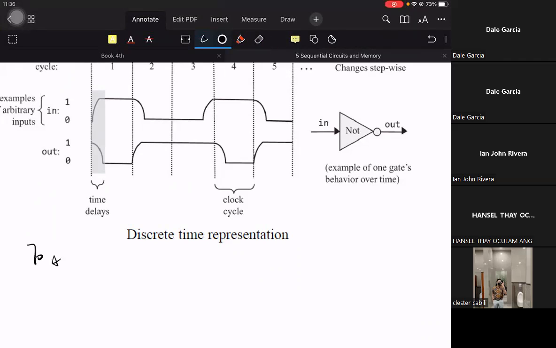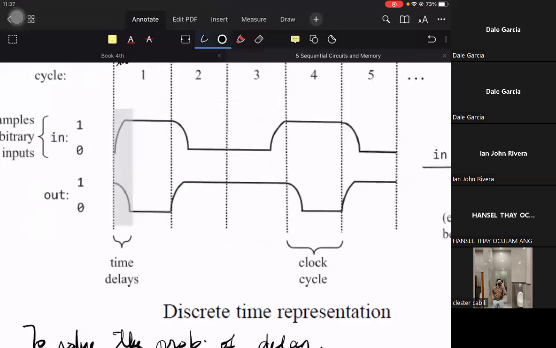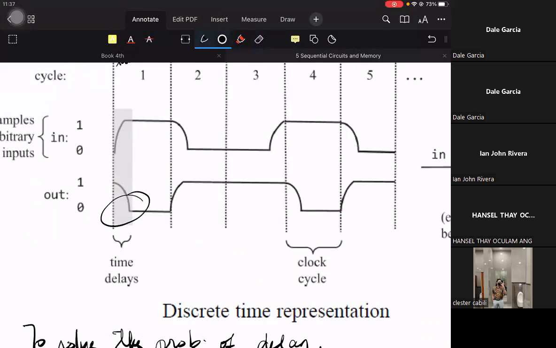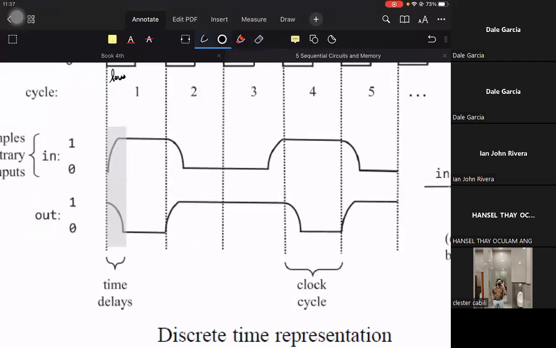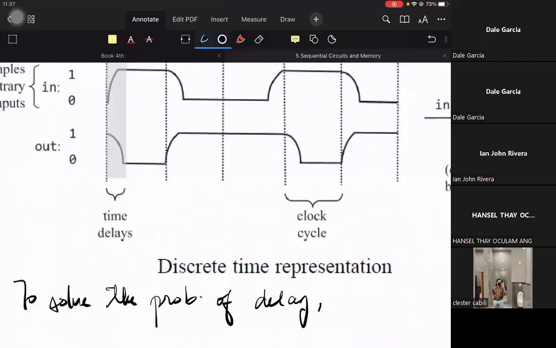To mitigate or solve the problem of delay having an effect on the overall system. Because if a part is delayed, our intended output is disrupted, and it will have a compounding effect on future responses.